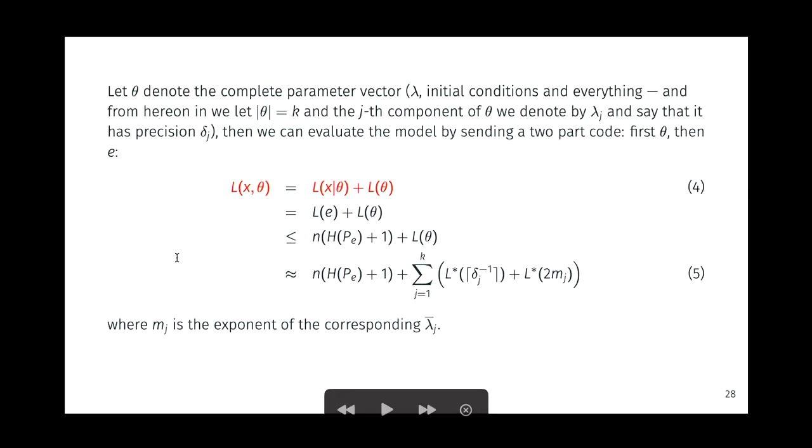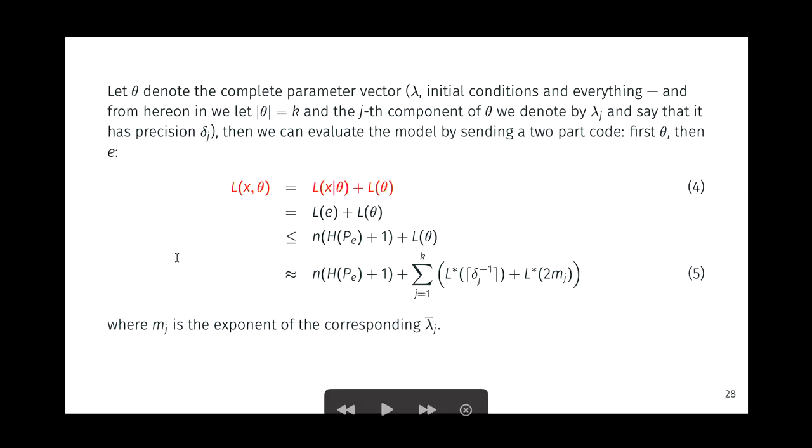Because the task is to transmit the numbers in the data to some fixed precision, I want to describe my data x to 3 decimal places. What I mean by the errors getting smaller is that I'm using fewer of the decimal places that actually matter for the errors, because the model is capturing more of the rest of it.